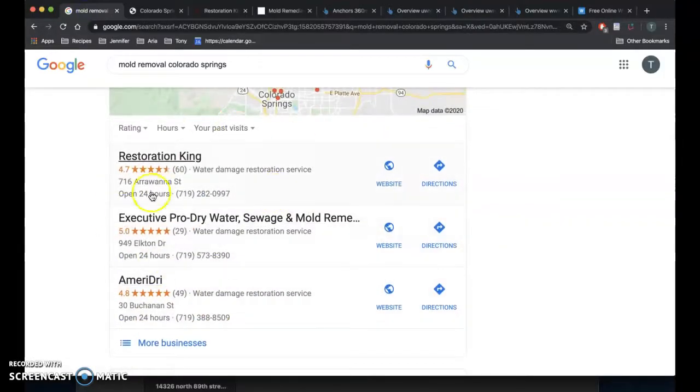And for the map pack, there are 3 main things: content, backlinks, citations. Citations are the equivalent of putting you in the yellow pages, back when we used to actually use yellow pages. Now we've got yp.com, we've got Yext, and multiple others. There are 300 and some directories.